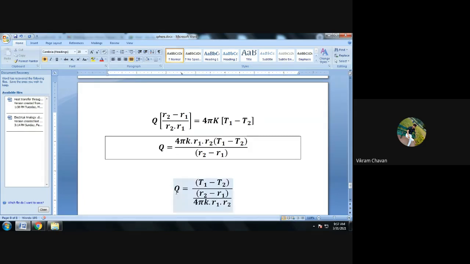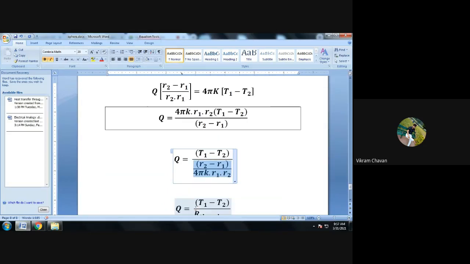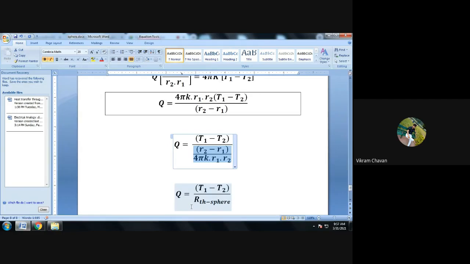Now I is analogous to q, t1 minus t2 is analogous to dV, that is the potential difference, which is analogous to the temperature difference, and the remaining denominator side is nothing but the thermal resistance for that particular object. So we can write q is equal to t1 minus t2 whole divided by R_TH sphere, that is the thermal resistance of a sphere.